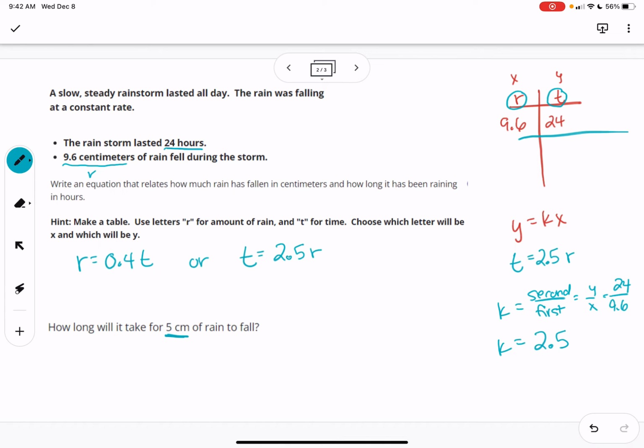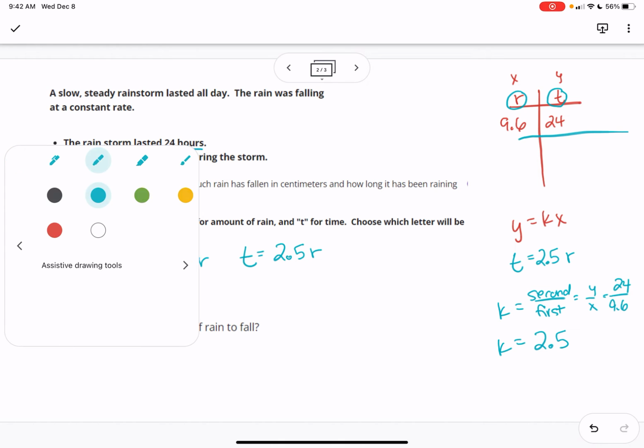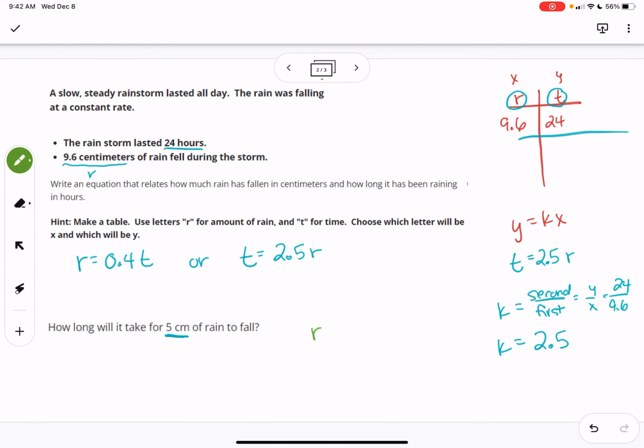So looking at the two equations I've got, I can use the first one, which was R equals 0.4 T. 5 centimeters is the amount, which would be R, right? So for my equation, I'm going to change R to 5 because I want to know what T would have to be in order for R to be 5.